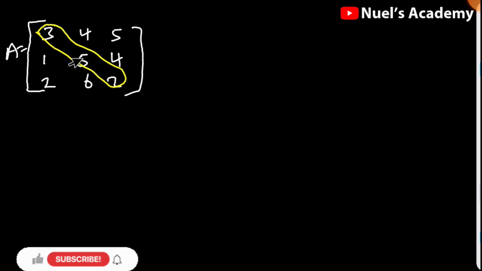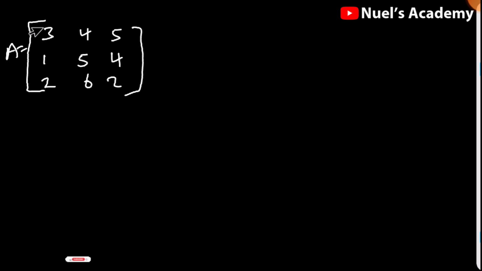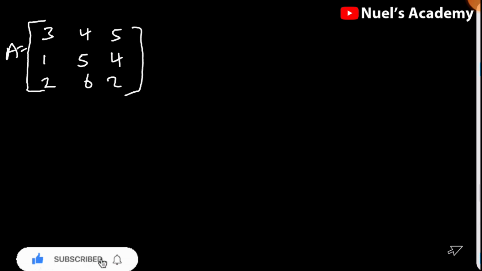So we're going to multiply the product of these leading diagonals by -1. That is, if you happen to swap any row, and then if you divide any row by any number, you also multiply the product of these leading diagonals by that number that you divided with. Alright, we are going to be applying those rules in this question.